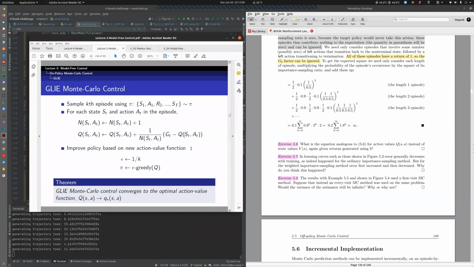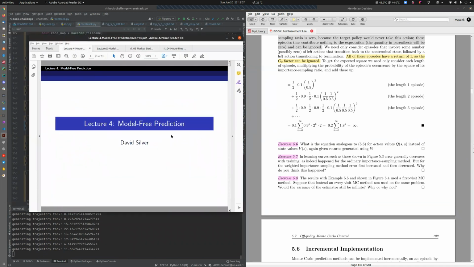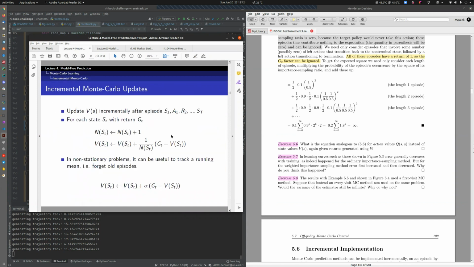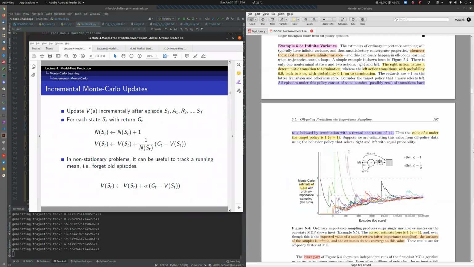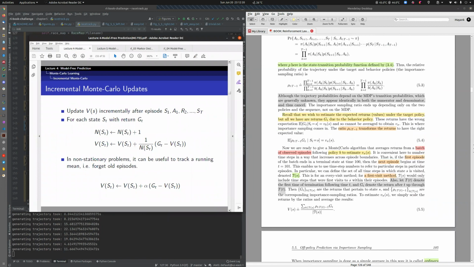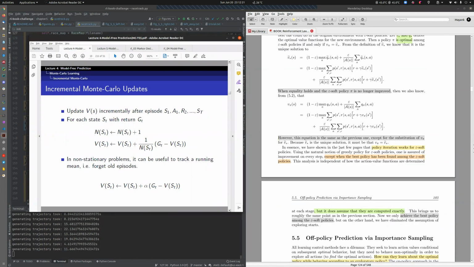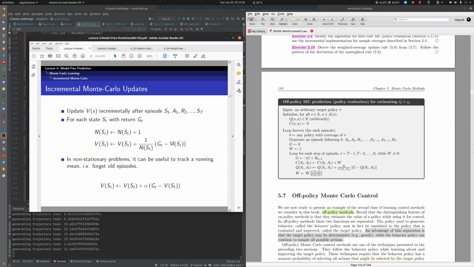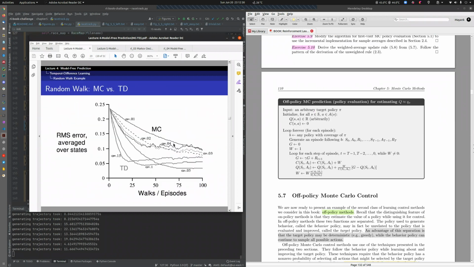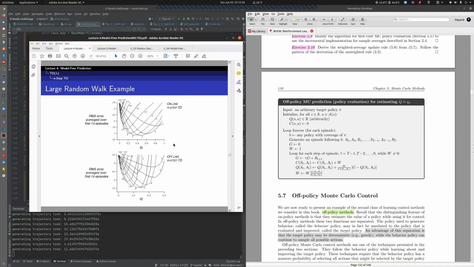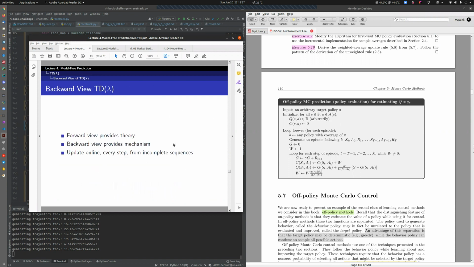This is about the variance of off-policy prediction with importance sampling.